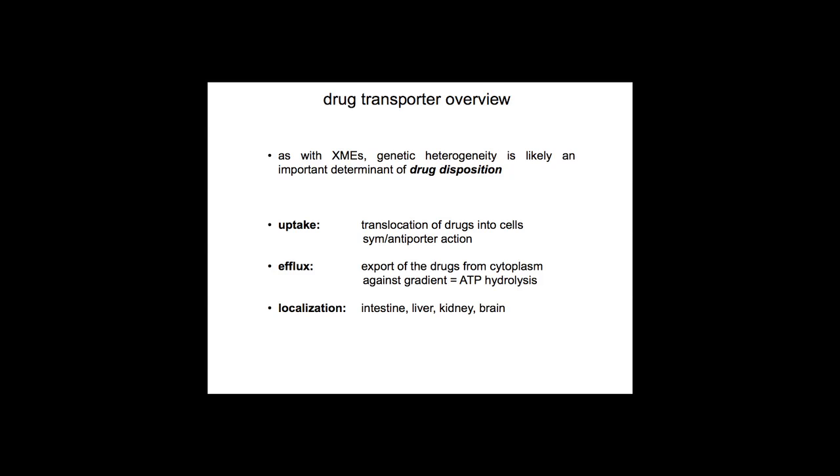As we'll see, these transporters are localized in a variety of tissues, but principally in the tissues that make most sense in terms of regulating the pharmacokinetics of xenobiotics: the intestines, the liver, the kidney, and interestingly as well, perhaps the brain. And this might become more important as the semester rolls along, thinking about how drugs get across the blood-brain barrier, and that is mediated in no small part by drug transporter molecules.